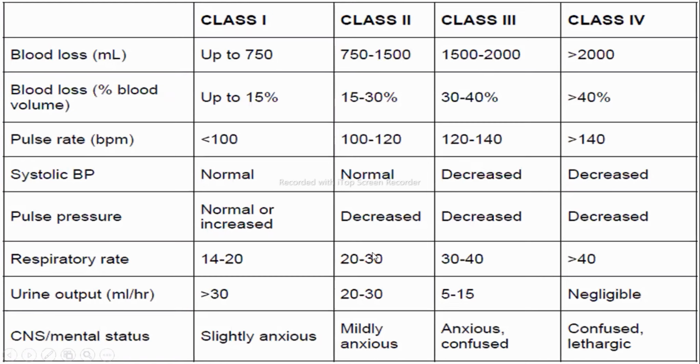Here regarding fluid loss or hemorrhagic shock, the most important thing, guys, is to understand the blood loss and the blood pressure. If you find the systolic blood pressure decreased, which grade? Grade 3 and 4.